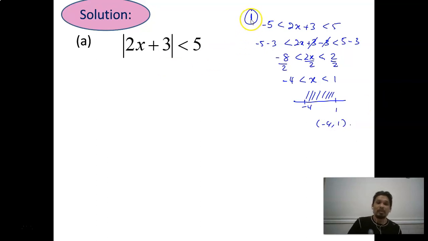Okay, that is method number 1, or the suggested solution for number 1. Or you may also solve this question like this.